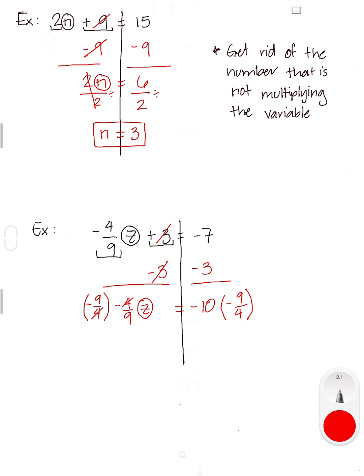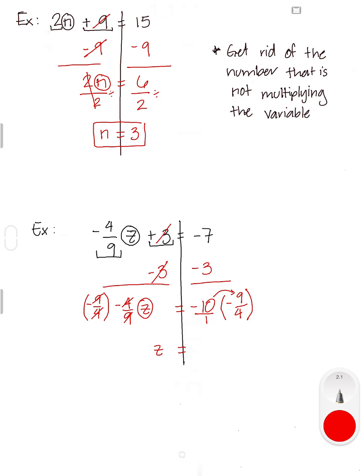So this 4 cancels with this 4, 9 cancels with 9. Again, this is actually becoming a 1, right? I'm just going to say that they cancel each other, but they actually become 1. So this is 1z equals negative 10 over 1 times negative 9 over 4. So I multiply the two numerators.